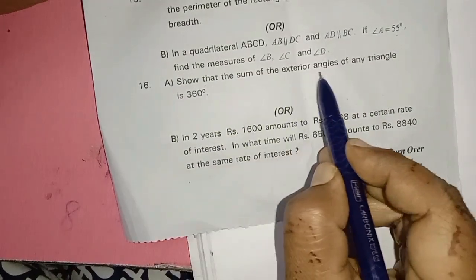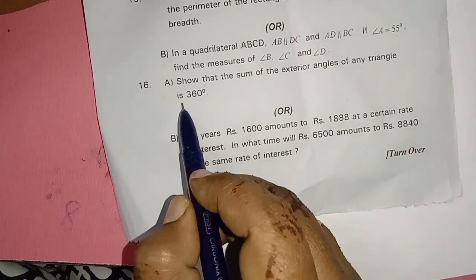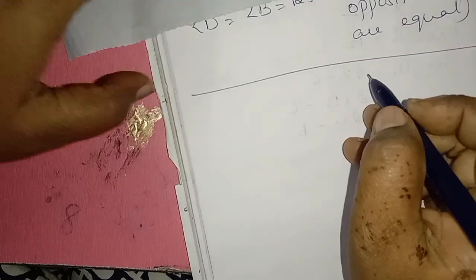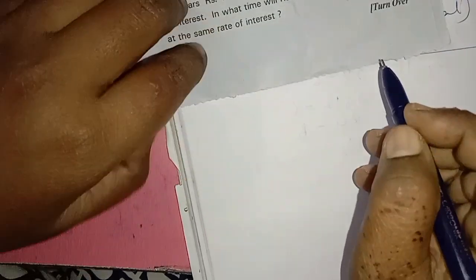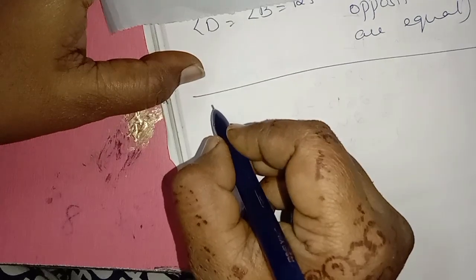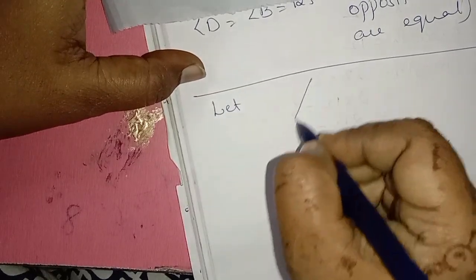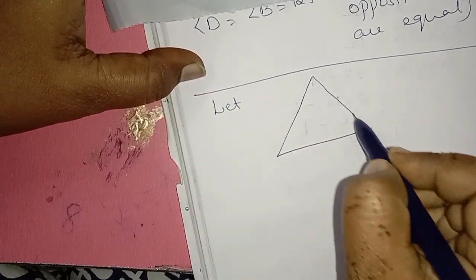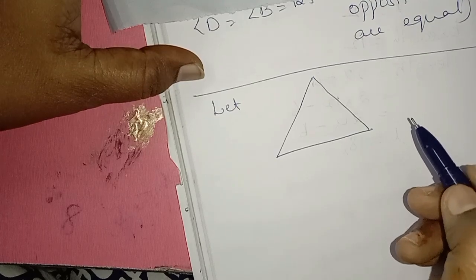Show that the sum of exterior angles of any triangle is 360 degrees. Right? So we have to show that all exterior angles of any triangle add up to 360 degrees. Suppose we take a triangle with some measurements, or you can take your own measurements, but the sum should be 180 degrees.